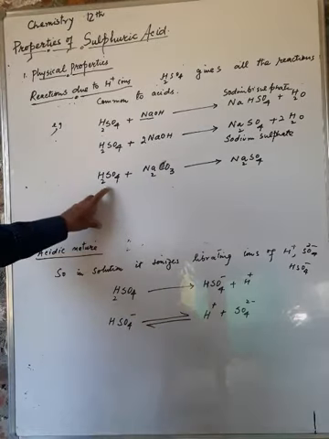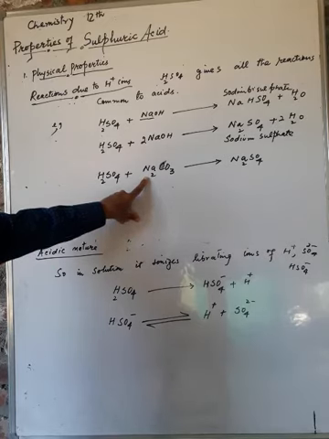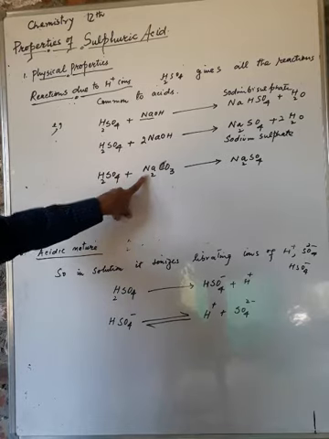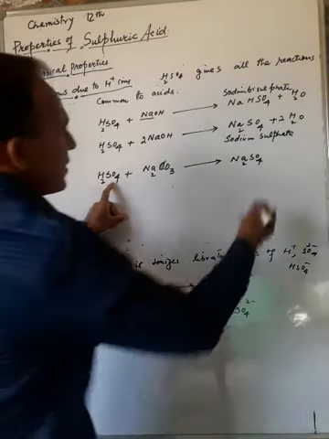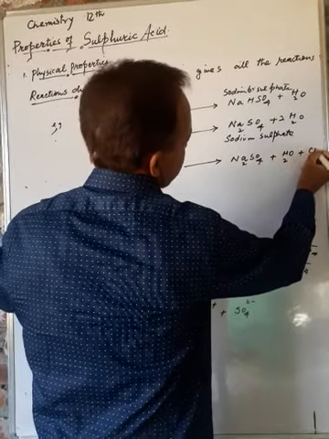So when H2SO4 is treated with sodium carbonate, these are the acidic reactions of sulfuric acid that are formed due to the liberation of hydrogen ions. It forms Na2SO4, sodium sulfate, plus H2O plus carbon dioxide liberated.